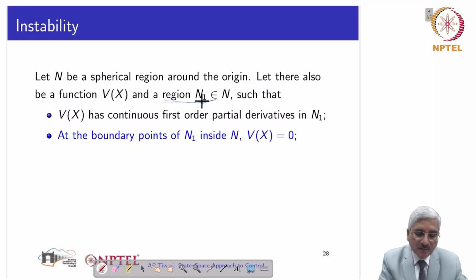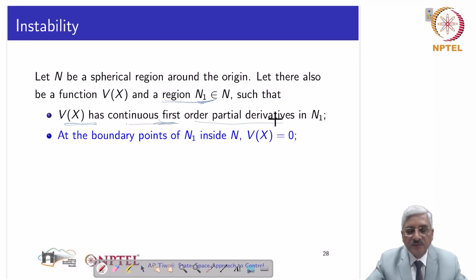And with these two, we have that Lyapunov function V(x) satisfying these conditions of being continuous, with first order partial derivatives also being continuous in N1.